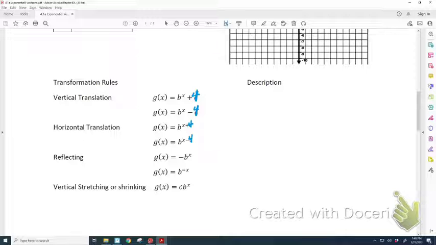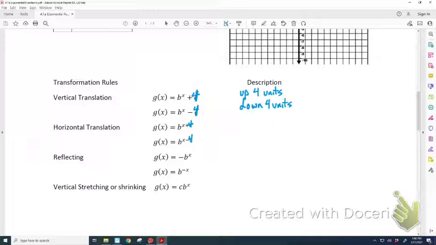And we can describe it a little easier. If ever it's added after the exponent, but not in the exponent, it's going to move it up. So up 4 units. If it's subtracted, that's down 4 units.